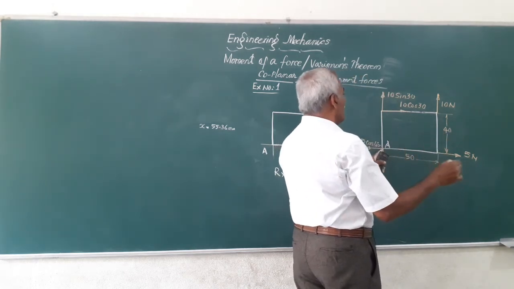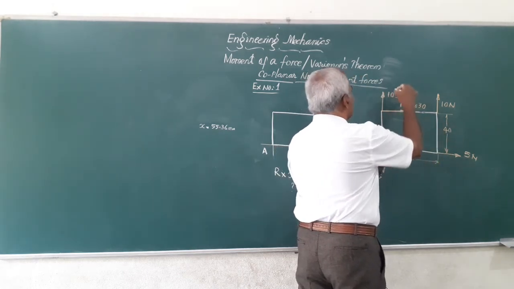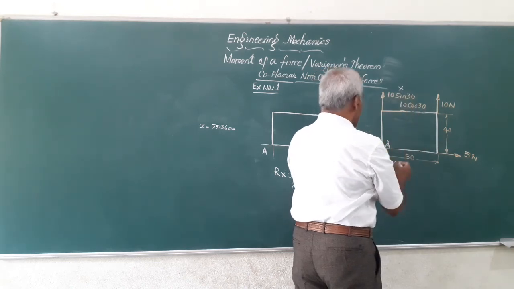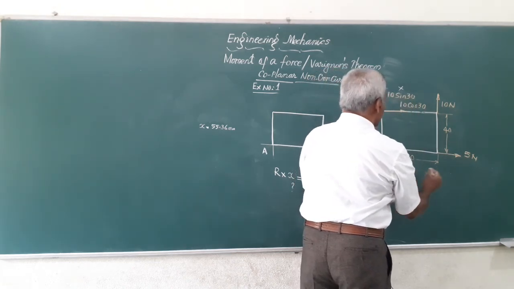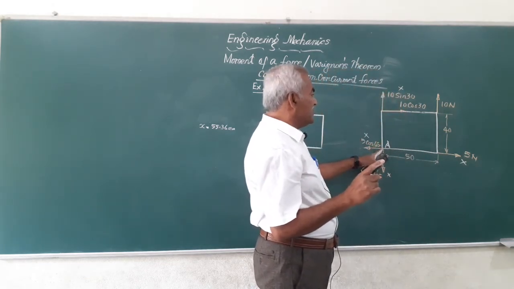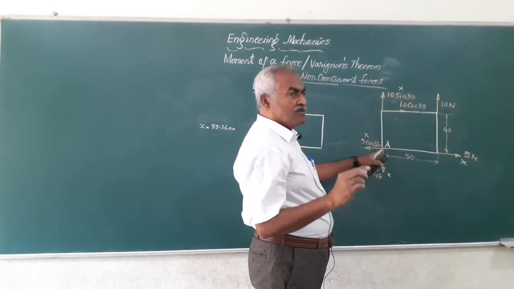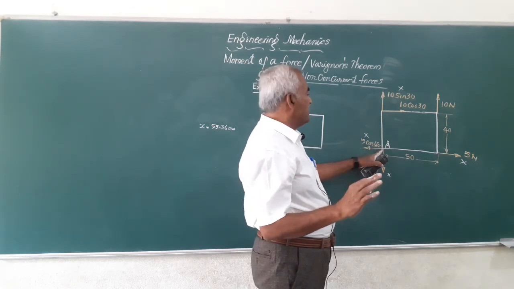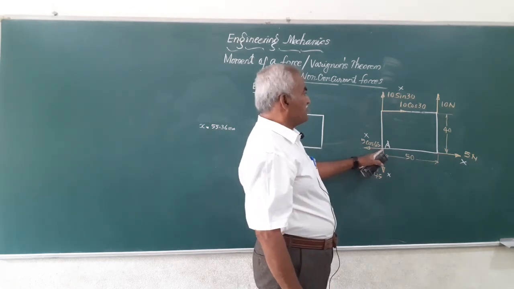So there is no moment caused by these forces. They help us get the values of sigma H and sigma V, but they do not produce any moment about the point A.